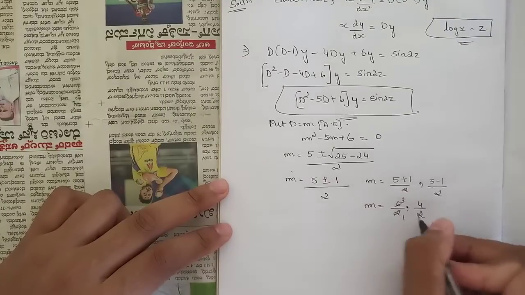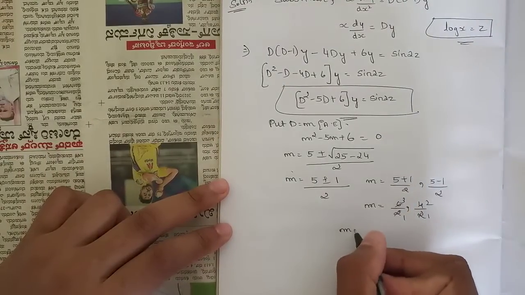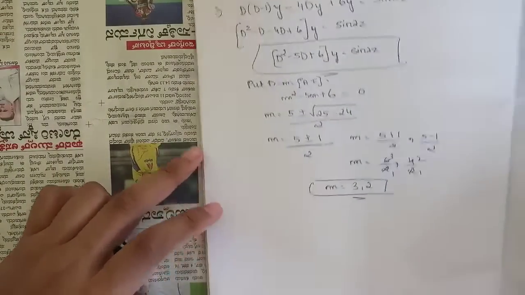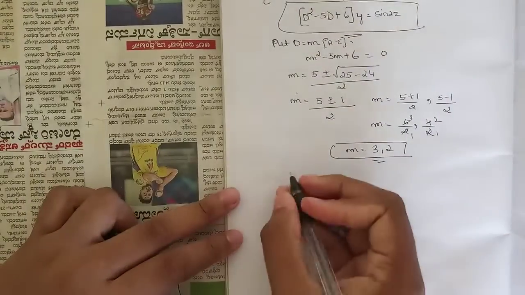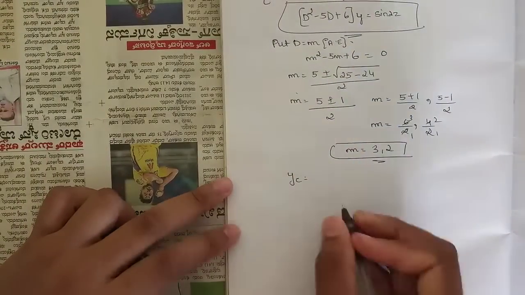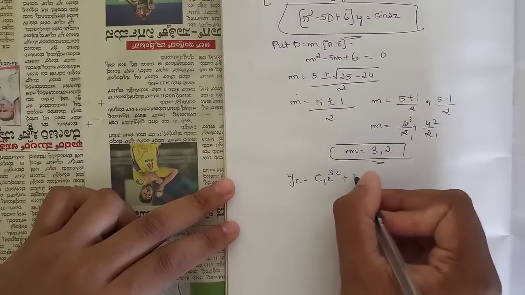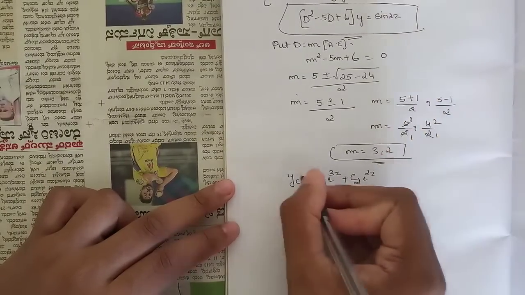Therefore the roots are 3, 2. Now write the complementary function: c1 e to the power 3z plus c2 e to the power 2z.